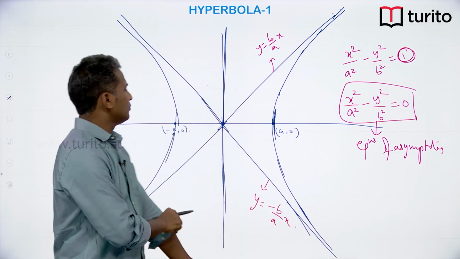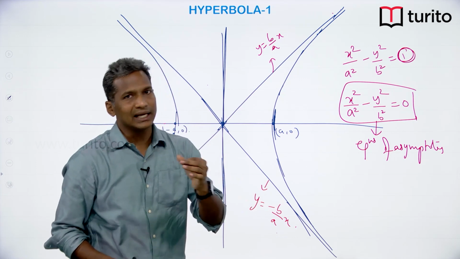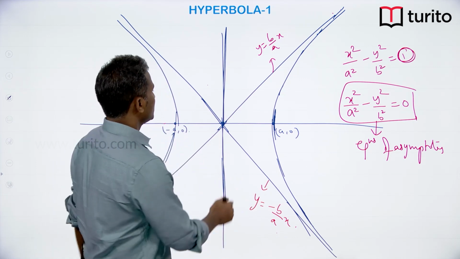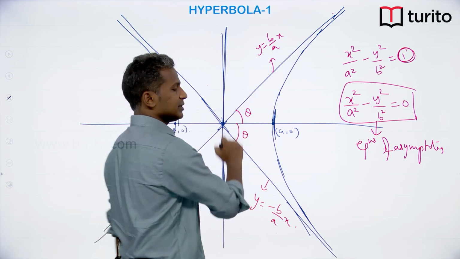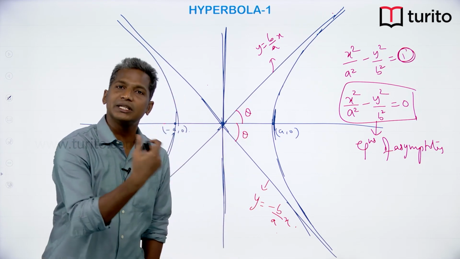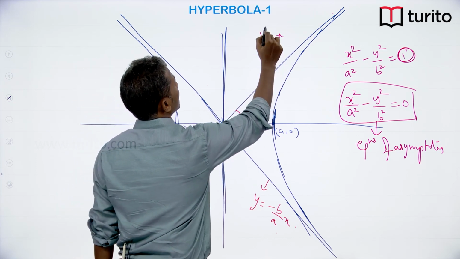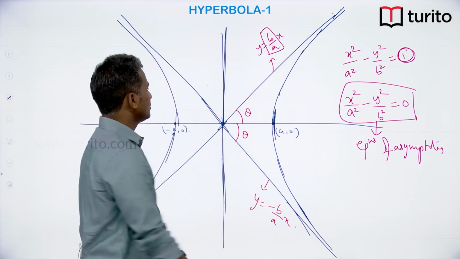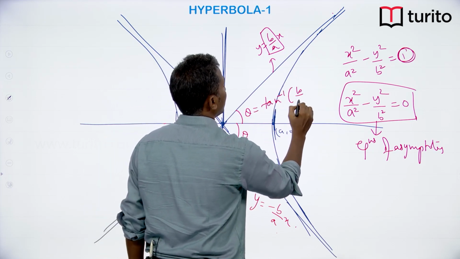Now, using these equations, we can also get the angle between the asymptotes. If I take this angle as theta, this angle also will become theta because the diagram is symmetric. Here we know that the slope of this line is b by a, so theta will be equal to tan inverse of b by a.